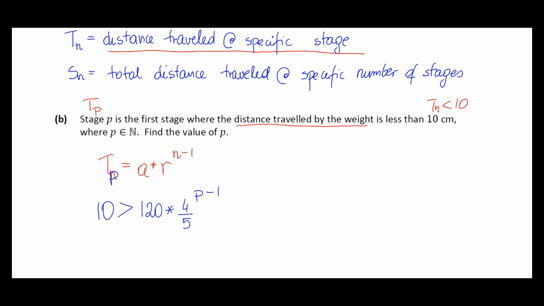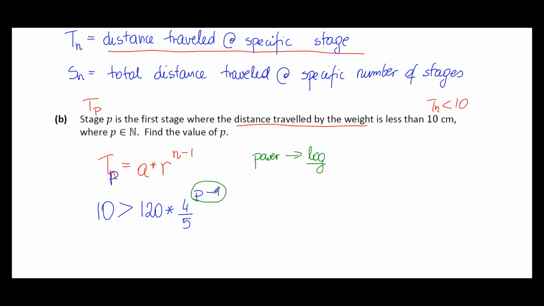Now what are we looking for? We are looking for P, and P is in our power. Now when you have an equation that involves a power, meaning I am looking for the power, I know that we're going to use logs, isn't it? Because log means I am looking for power.